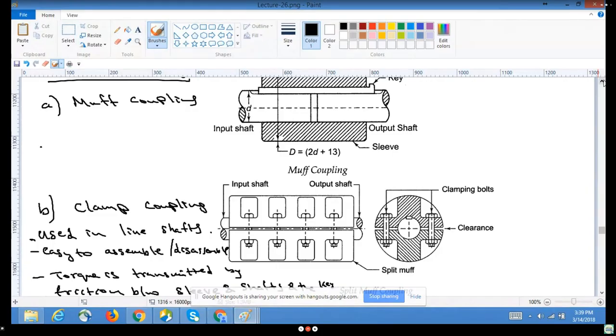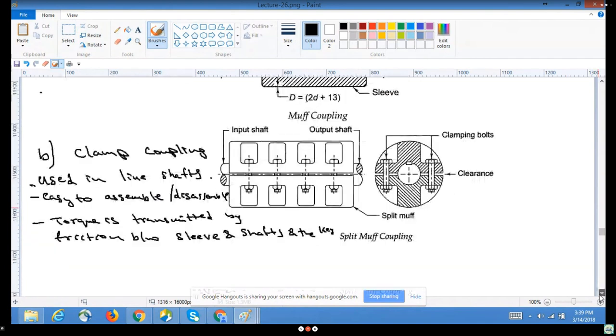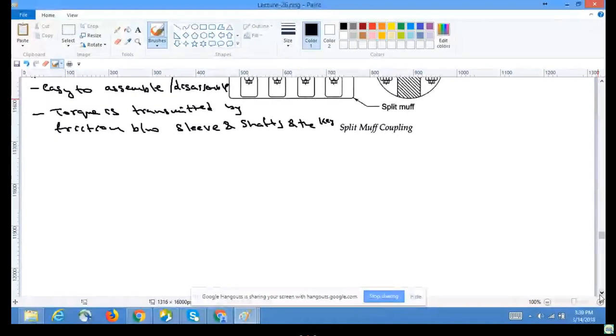In the flexible ones, and when it comes to the rigid coupling, these are flange couplings.